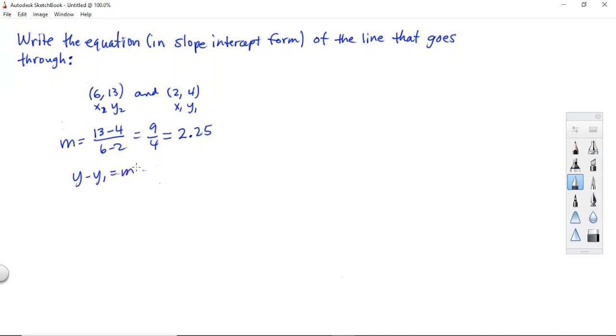This is point slope form. So for the y sub 1, we can use either point. We'll use this one. It has smaller numbers. So y minus 4 equals 2.25 times x minus 2.